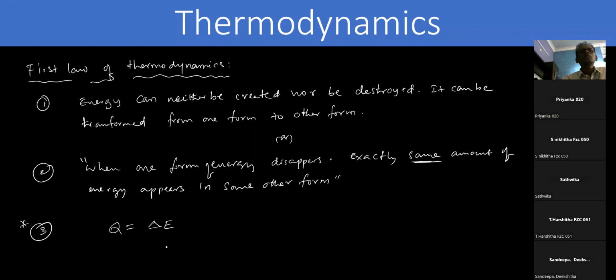When heat is absorbed by the system, some of the heat is used to increase the internal energy, meaning internal energy changes from E1 to E2. The difference E2 minus E1 gives us what? Delta E. Delta E means what? Change in internal energy.